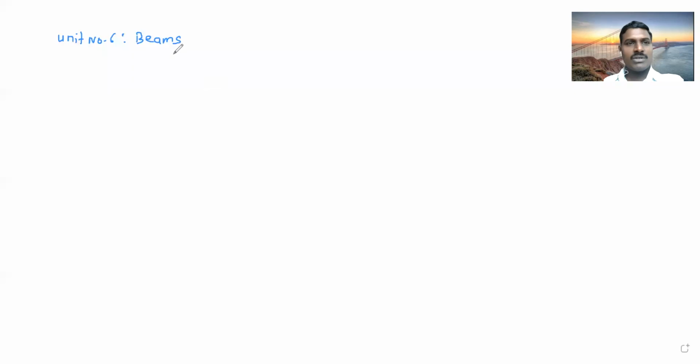So the beam is a horizontal component. It means it is a flexural component. All the horizontal components in the structure are flexural components. Flexural means they will be deflected, and the bending moment is a major characteristic or parameter of that particular beam.